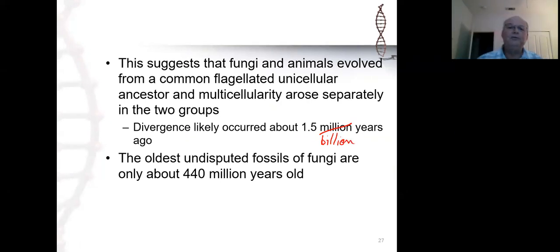So it could be as far back as 1.5 billion years ago, maybe as recently as 1 billion years ago, but somewhere in that time frame, based on molecular clock evidence, is likely when the divergence occurred. We will probably never know exactly when, because the fossil evidence that's available for fungi is much younger than that. The earliest clearly definitive fossil fungi date to about 440 million years ago.